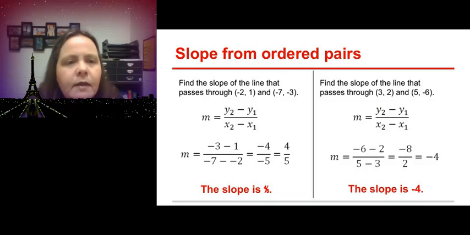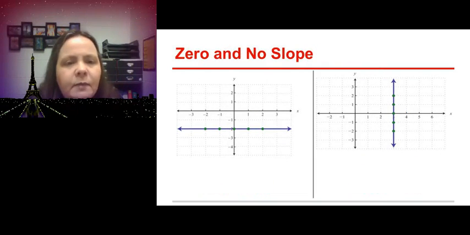All right. Now, let's look at some special cases where slope is a little different to calculate. We have these lines. The one on the left-hand side would be y equals negative 2. Remember that line is a horizontal line. And the one on the right would be x equals 3. Now, the one on the left, if I try to calculate that using the formula or counting, I see that I don't go up any.